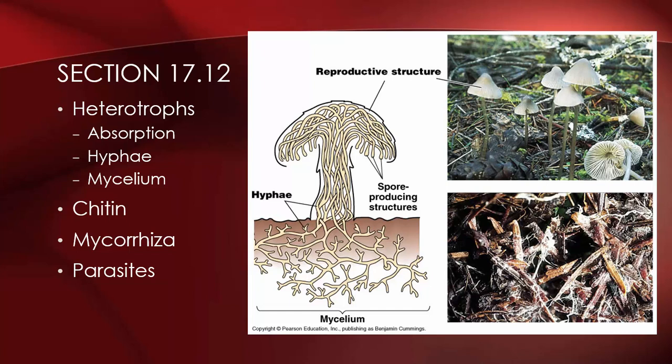Other fungi are parasites, which means they grow on another living thing. And instead of breaking down things out of the soil, they break down the other living thing that they are living on. You may see parasitic fungi growing on the side of a tree.